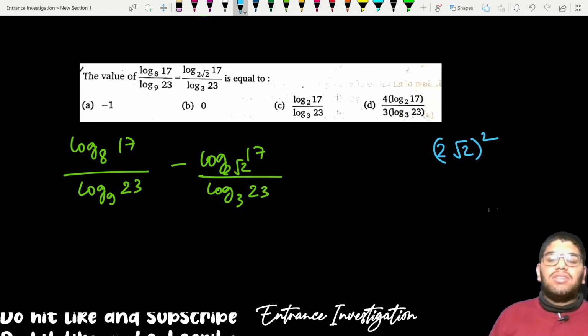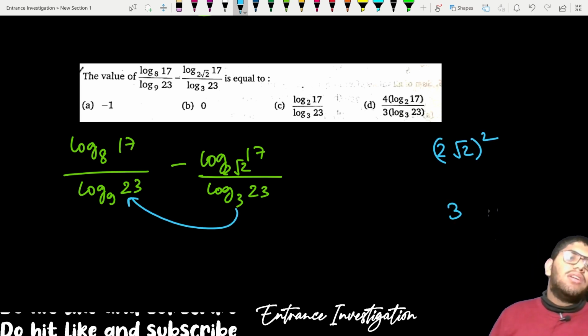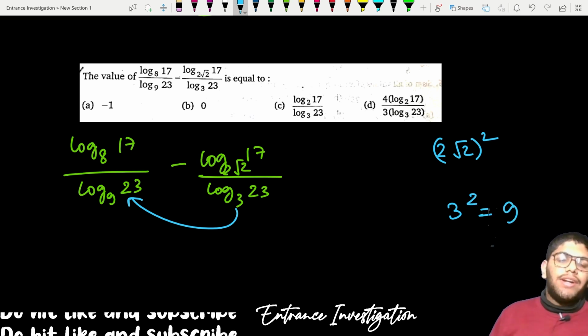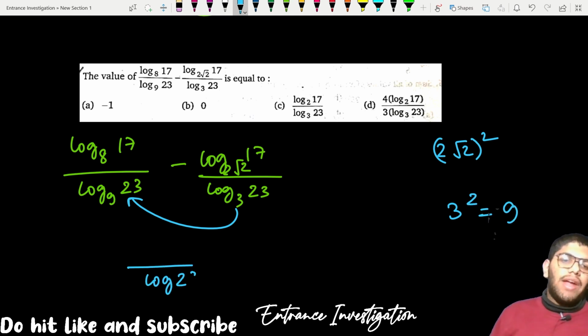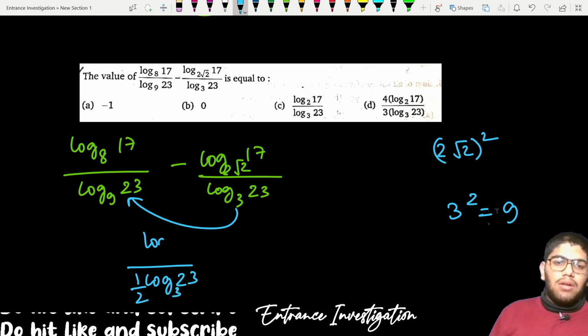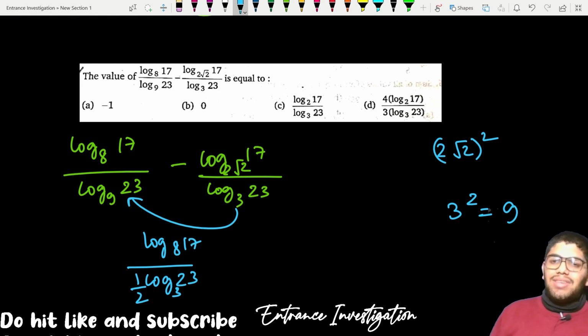What is this value? Because I know that this is 9. I would intuitively write this thing as this. Okay, now see the hint.